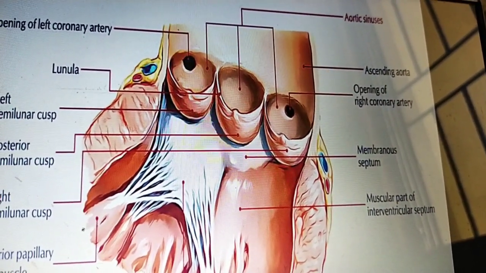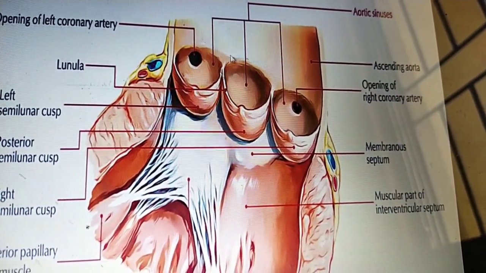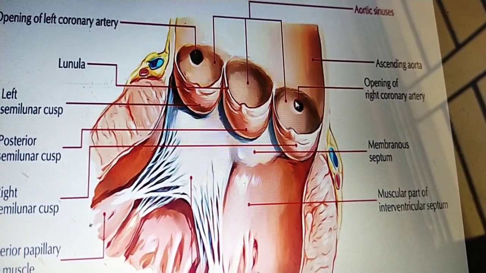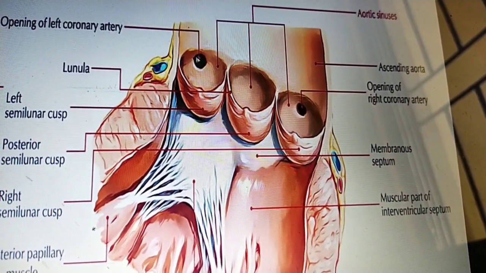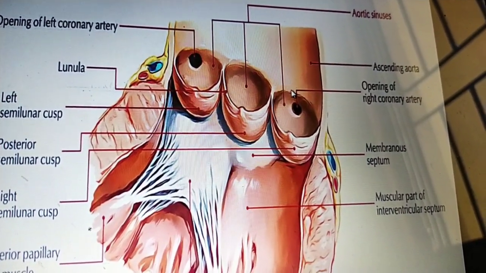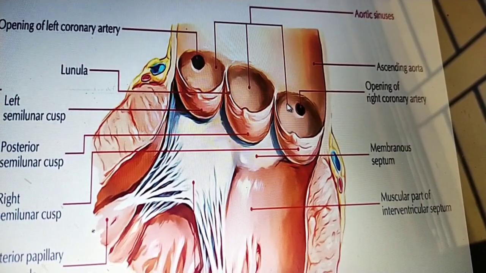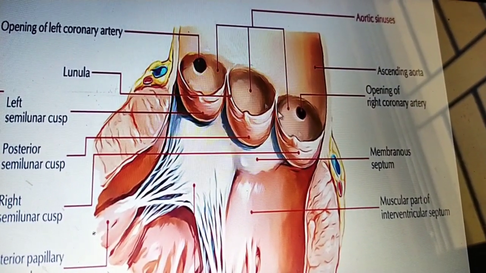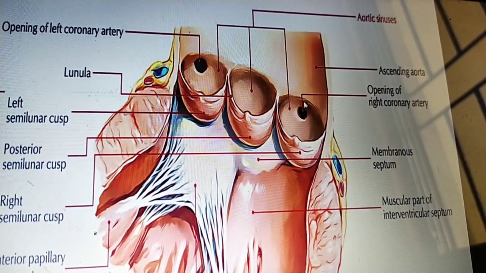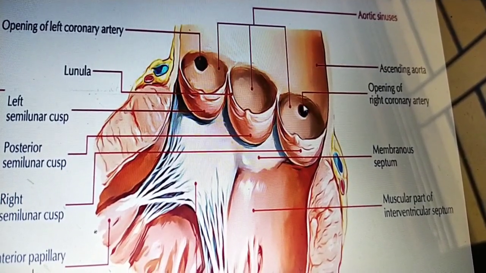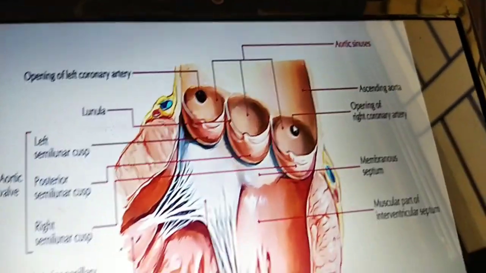These aortic sinuses give blood supply to the right coronary artery and left coronary artery through the right coronary sinus and left coronary sinus. The openings of the coronary arteries are called the coronary ostia.